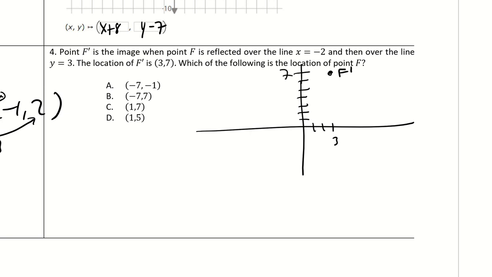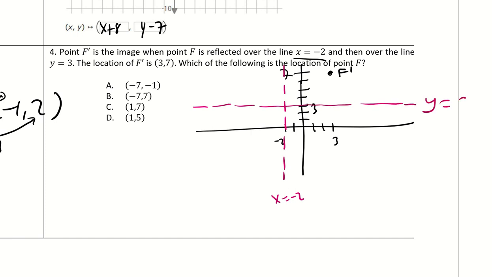So that's F prime. We have x equal to -2. X equal to -2 is a vertical line, guys. Okay, x equals a number is vertical, y equals a number is horizontal. So y equals 3 is horizontal.